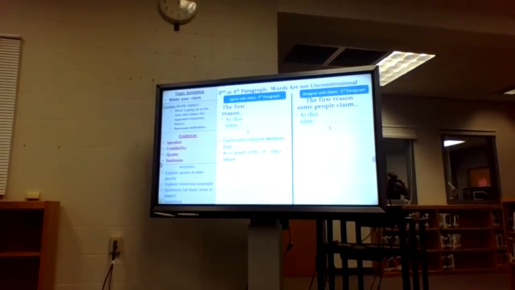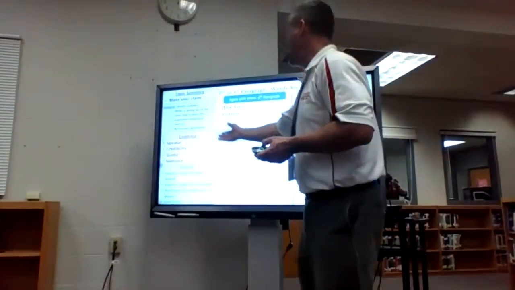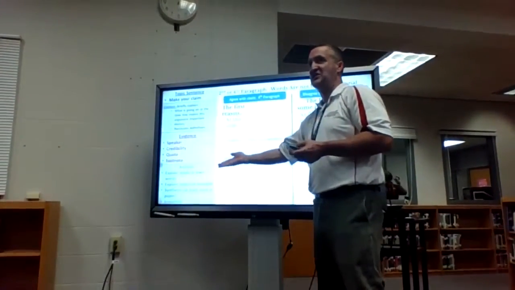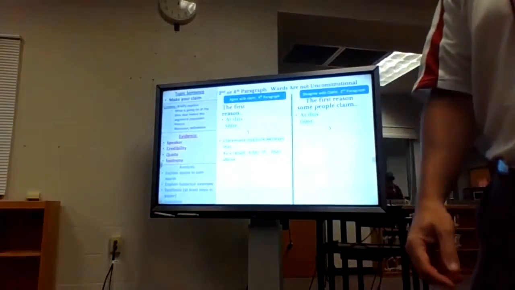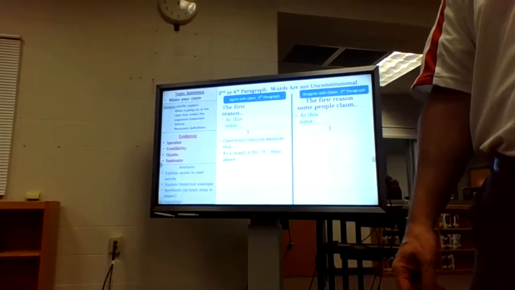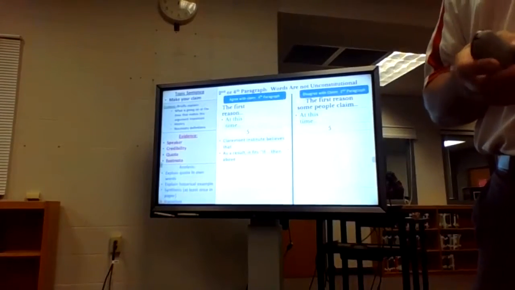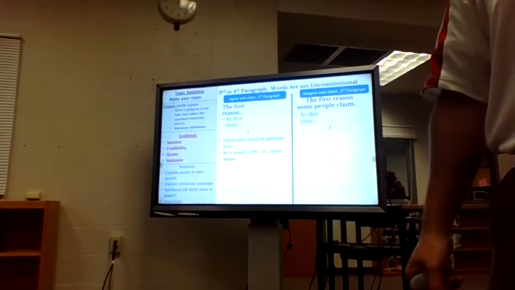The next thing you're doing is interpreting what you think the quote means in your own words. The Claremont Institute believes that, and to dumb it down for you, they believe the words under God do not violate the Constitution. I'll say it another way: the First Amendment is not in conflict with the words under God.